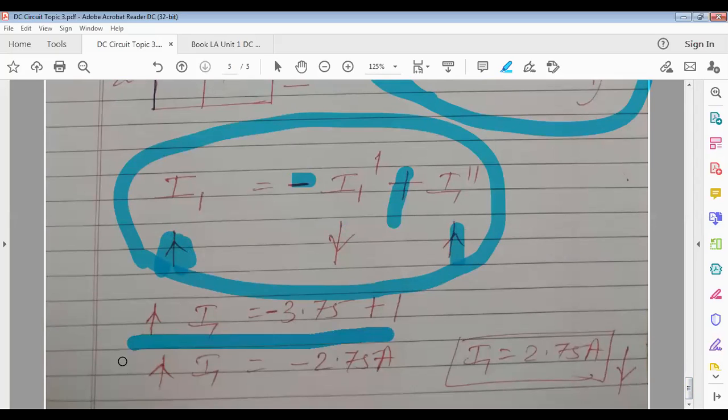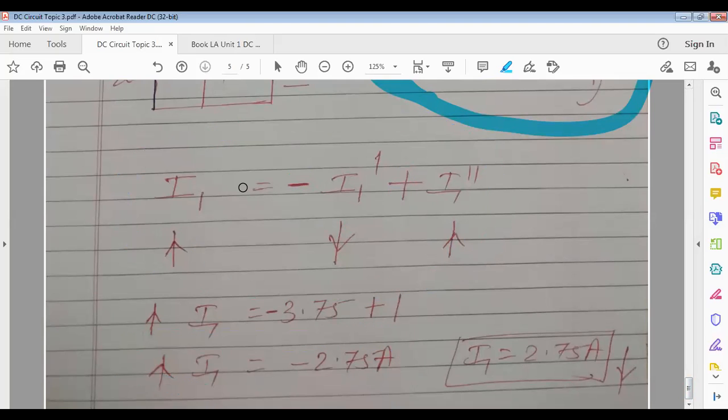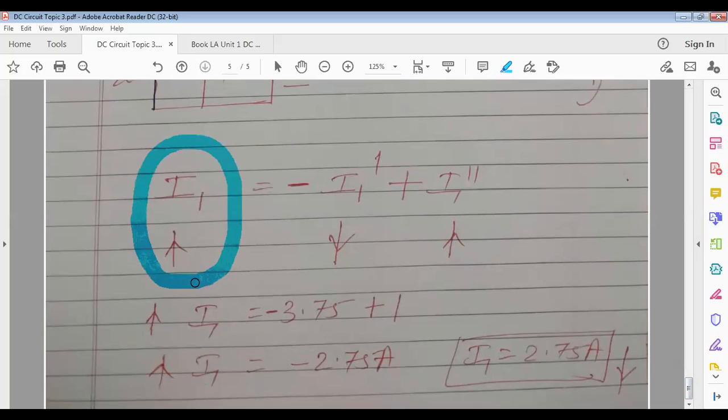So do it, and you get the answer minus 2.75. What does it mean? It is the opposite direction. Whatever you assumed, 2.75 current in the upward direction, is wrong or reversed. It will flow in the downward direction. Clear, the superposition theorem, to all of you?